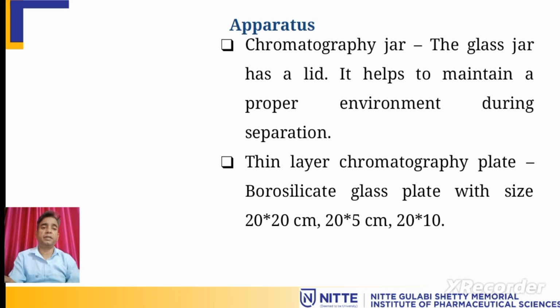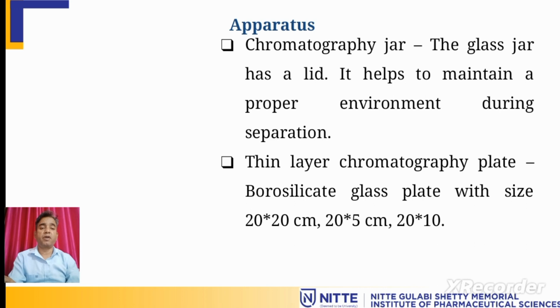And if you look here, the TLC plate comes in different sizes: 20 by 20, 20 by 5, 20 by 10. This is because it depends on how many samples you need to separate, right? If you have a high number of samples, you need a 20 by 20 centimeter plate, because plotting will be easier. You should have sufficient space between two samples to get them separated. If not, merging will take place, right?